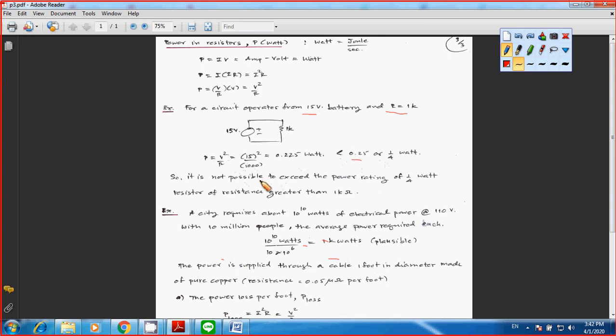That means it's not possible to exceed the power rating of a 1/4 watt resistor. And if you have a resistor with resistance greater than 1 k, this term is even less than 0.225. So there's no way for you to exceed the watt rating of your resistor from the manufacturer. You can apply this when you work on a real circuit.